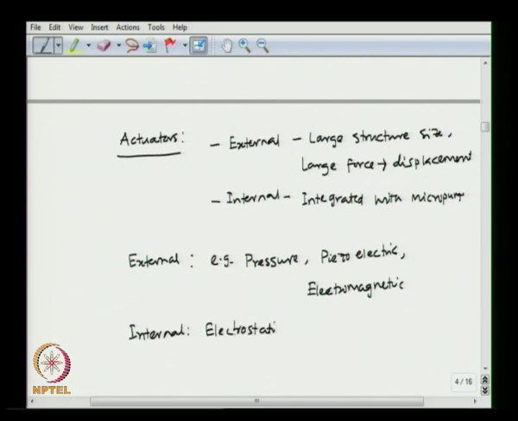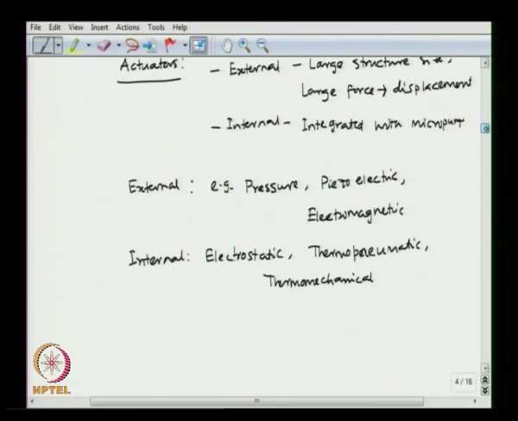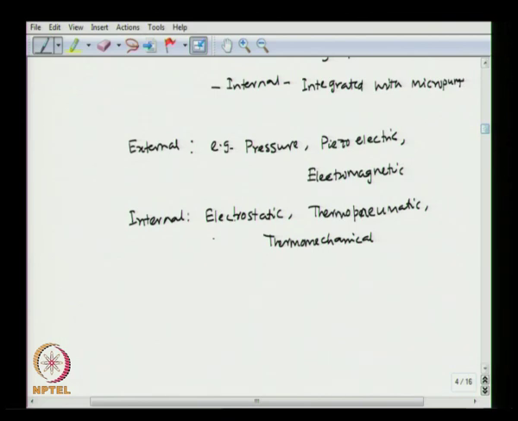Then we have thermopneumatic, where we can integrate heaters inside the pump chamber, and we have thermomechanical, which works on the principle of the difference in the thermal expansion coefficient. And these have distinctive advantages.